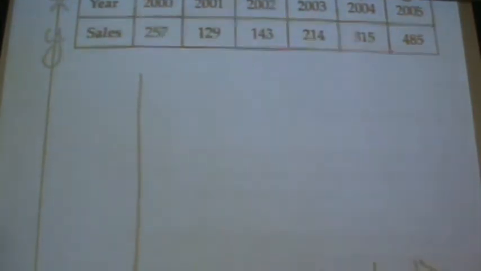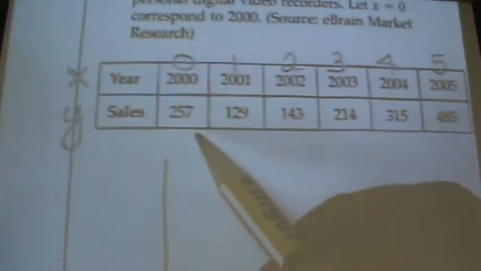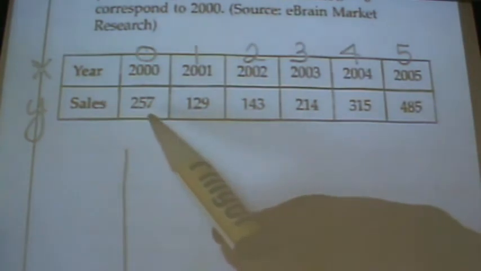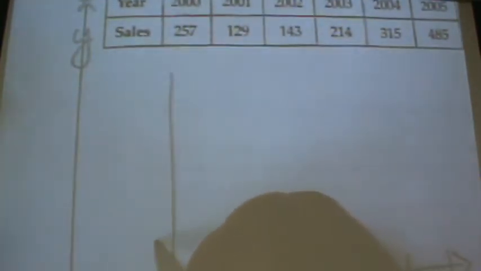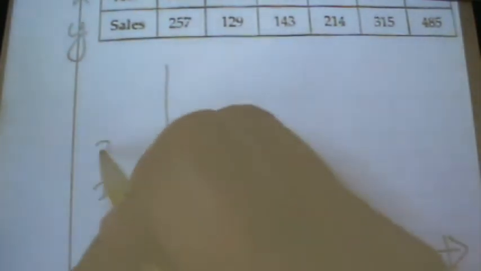That's all we have to go to. Now, sales, it looks like we could probably start with 0 and go by 100. So 100, 200, 300, 400, and we have to go up to 500.